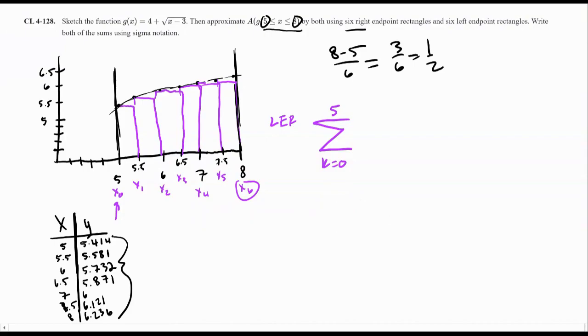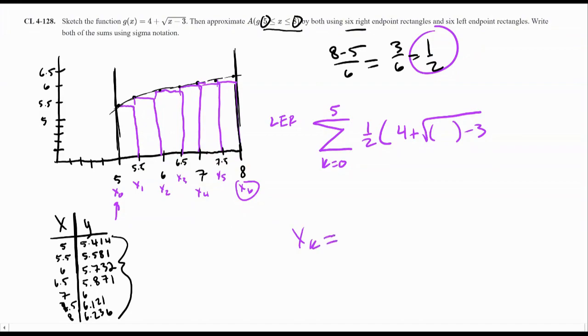Now I am going to multiply the width times the height. The width is just 1/2 because we got that earlier. And the height is our original equation, which is 4 plus the square root of x minus 3. But instead of writing x, I'm going to write the expression for x sub k.